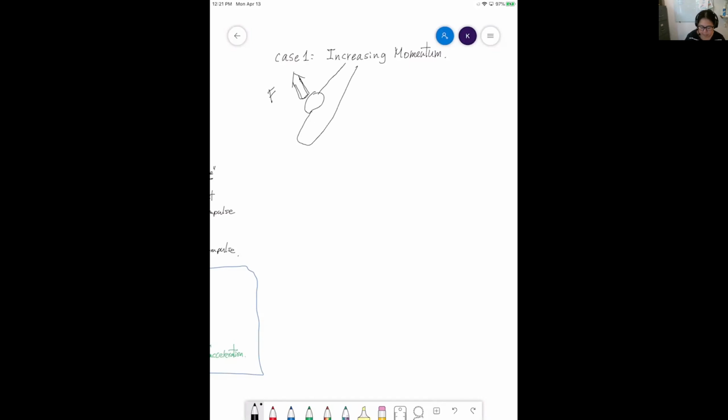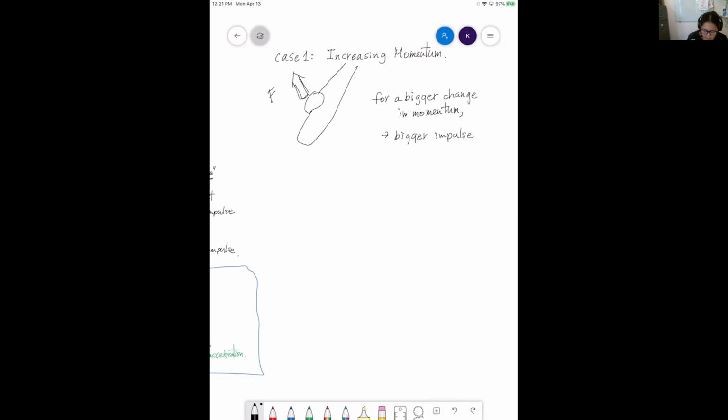And to have a bigger change in momentum, a bigger impulse, you want to give a bigger impulse on this ball from the bat.